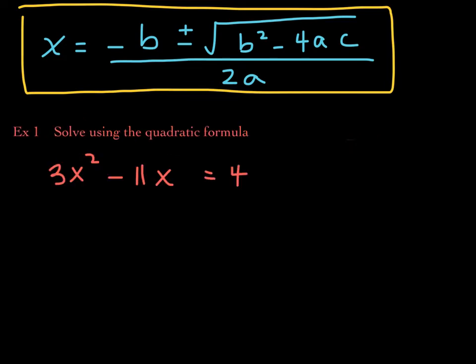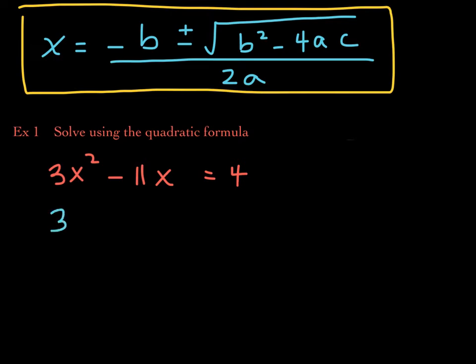All right, so let's solve this equation using the quadratic formula. 3x squared minus 11x is equal to positive 4. Now, the first thing you must do every single time is make sure your equation is set equal to 0. If you do not set your equation equal to 0, you may incorrectly identify what your coefficients are.